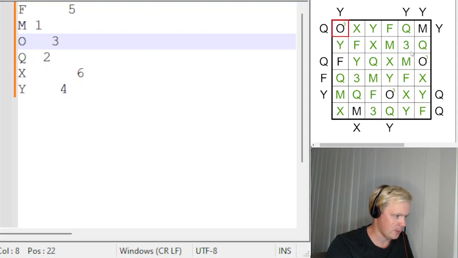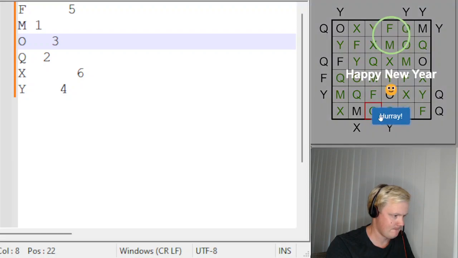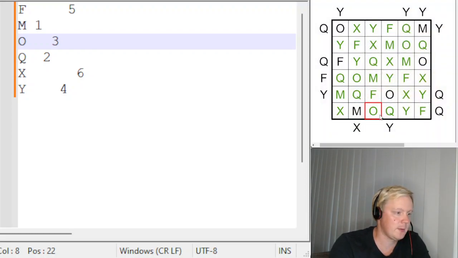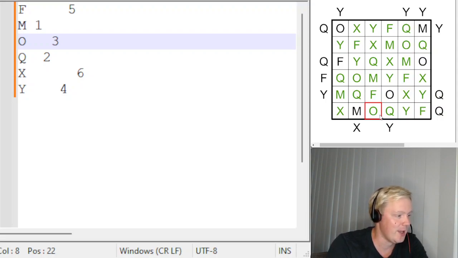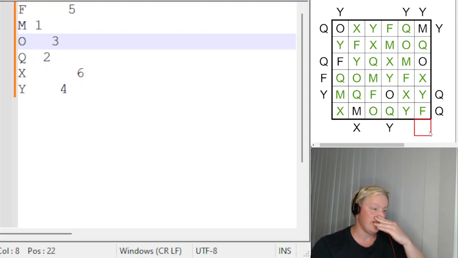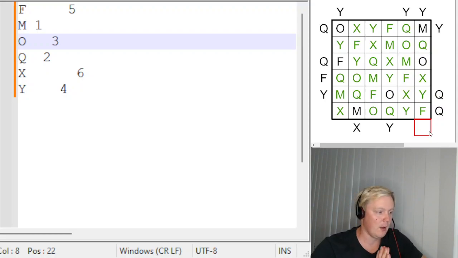And O's are 3s. Okay, and that says we are correct. Actually, it said Happy New Year, but it means we are correct. So this is the grid that we needed.